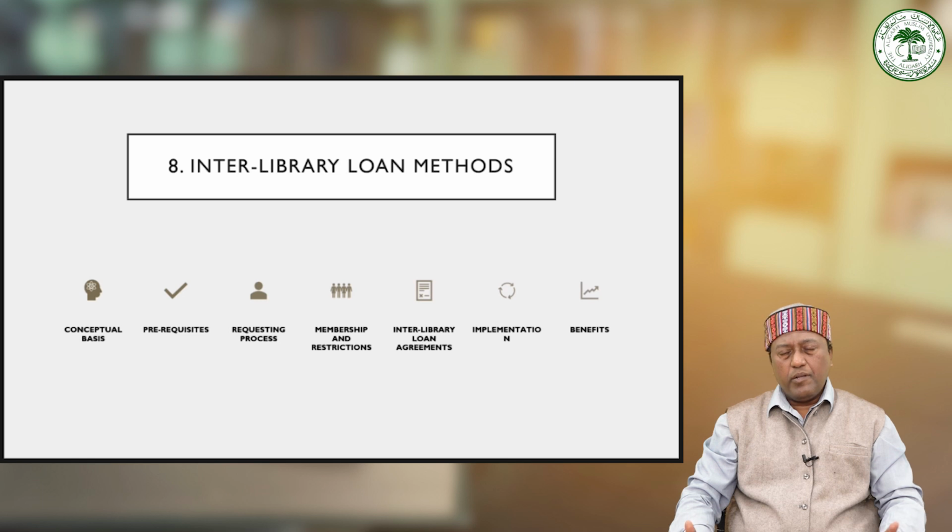So it is just mutually helping the members of each other's libraries, and thereby giving them wider access, because normally a library has a certain amount of collection, and when you have a union catalog, you have wider access to a lot of collection in varied subjects.